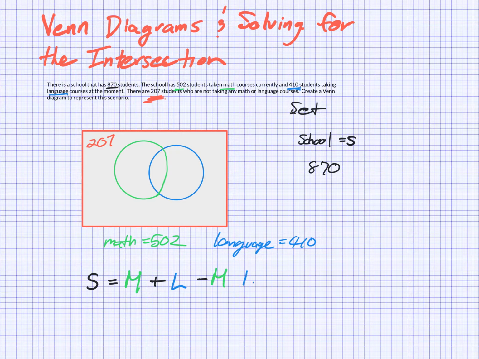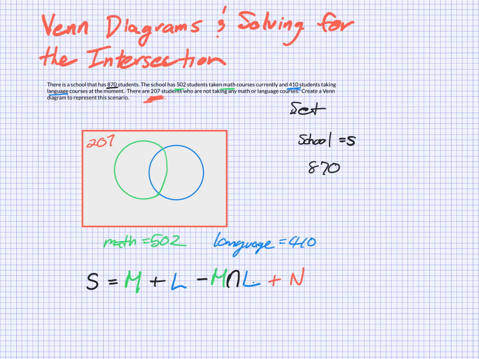And we're just going to use this intersection symbol. It looks like this. Think of it like an upside down U or a lowercase n. We're going to subtract the students taking both because we don't want to double count those students. Plus students who are not enrolled, we'll just give that an N here, okay? So not enrolled.